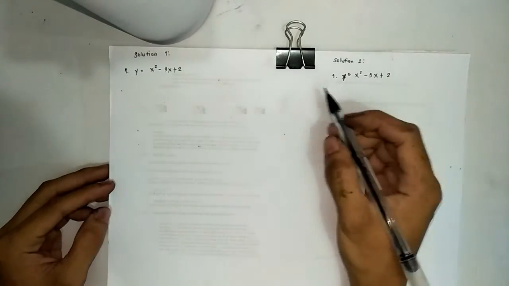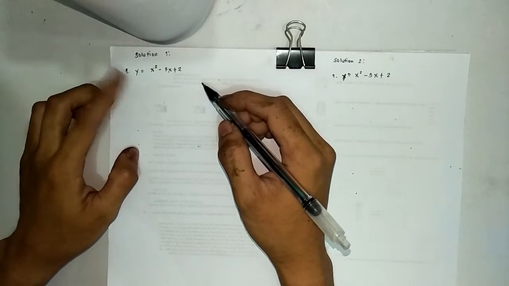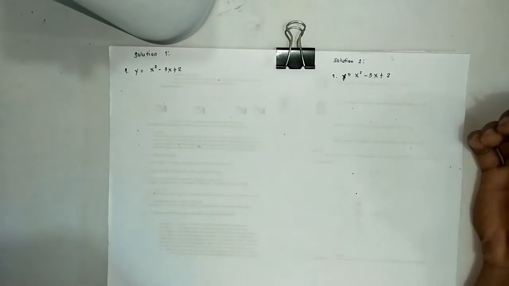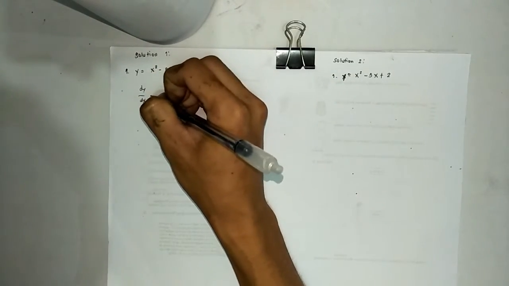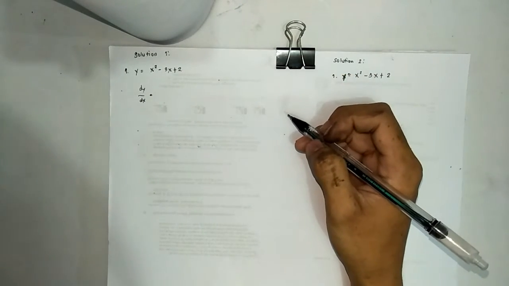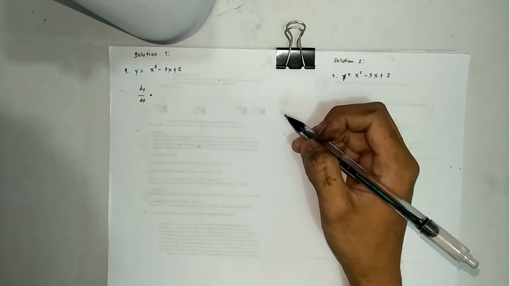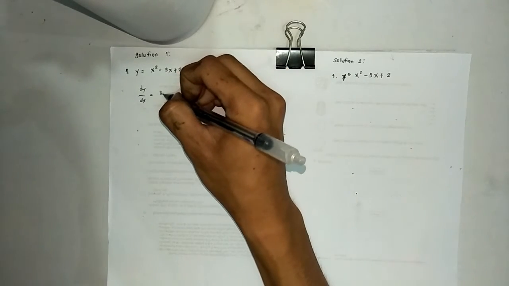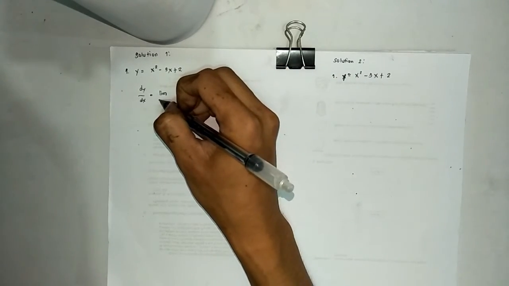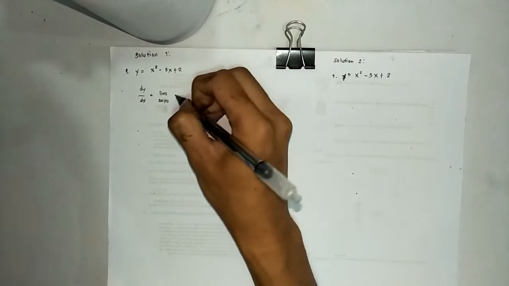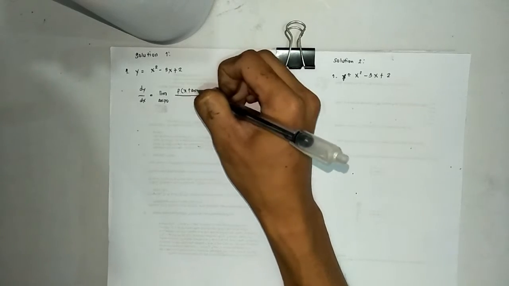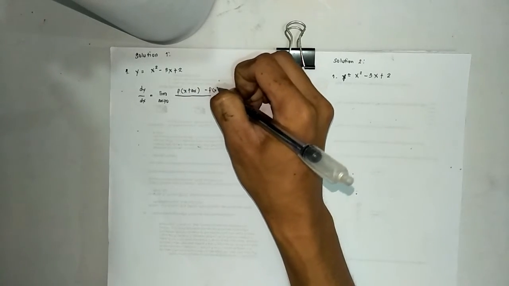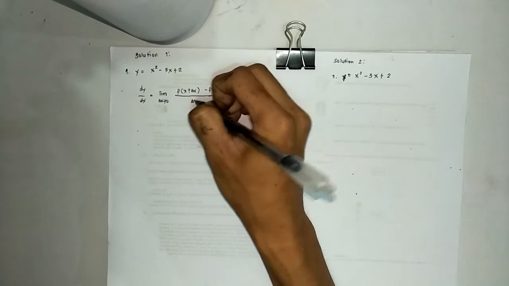Okay. So, first step. What we're going to do is write the given y is equal to x squared minus 3x plus 2. And then, we're going to write dy over dx is equal to, equivalent niyan kanina dun sa step number 5, wherein limit where change x approaches to 0, wherein the limit is f of x plus change x minus the original function all over change x.